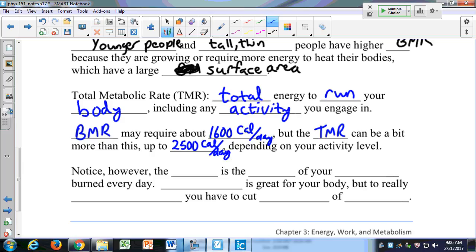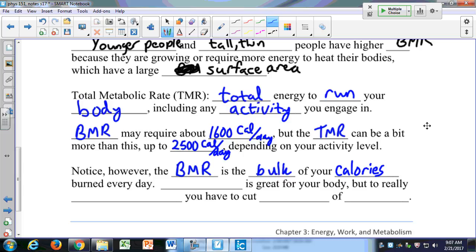You know, those are like guys on 2-a-days in football camp or whatever. Is it 2-a-days or 3-a-days? 2-a-days, right? Yeah, so our people in boot camp, that they'll need upwards of 2,500 calories per day. So on pretty rigorous activity. Notice, however, that the BMR is the bulk of your energy that's burned or your calories burned every day.